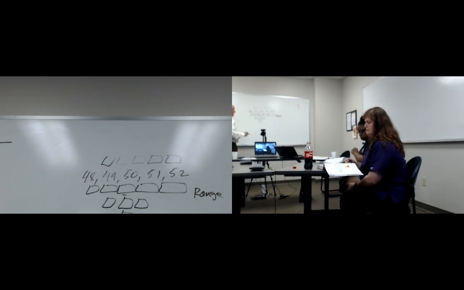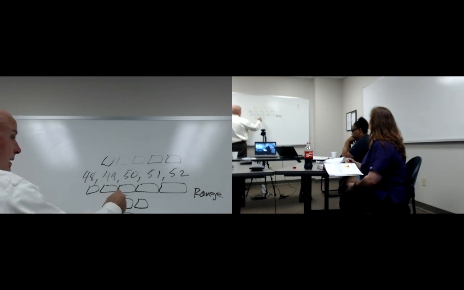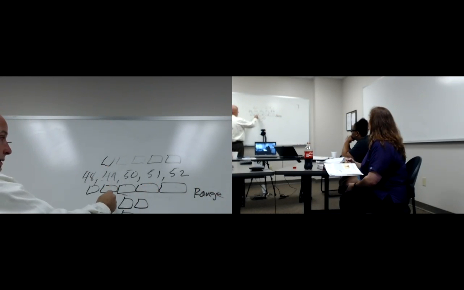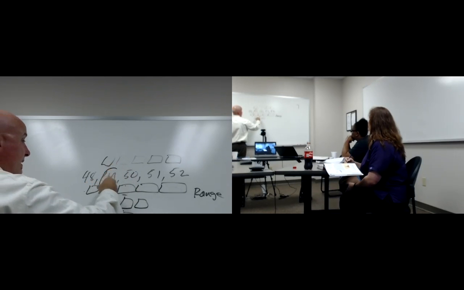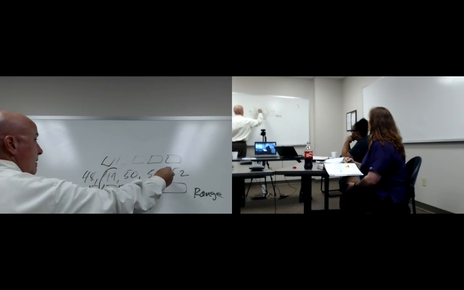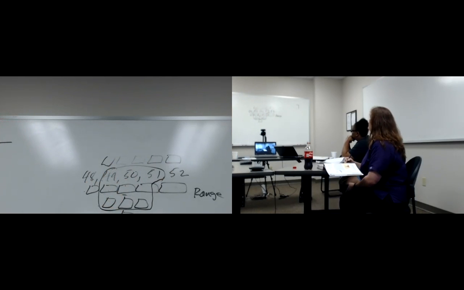So let's just look, when I talk about data being clustered, is there greater or less dispersion between here and here? There is greater dispersion up here. Here, my data is clustered around that 49, 50, and 51.